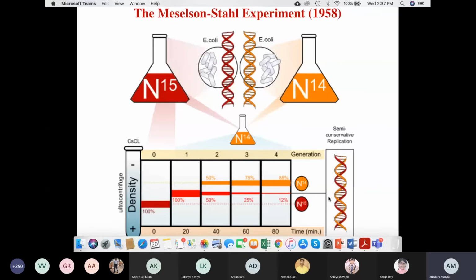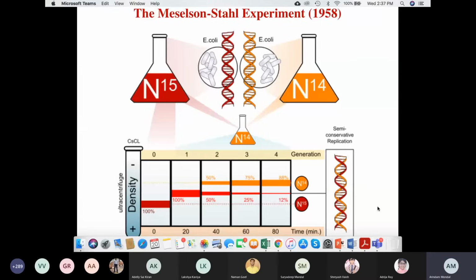If not, then we can move on. Yes, sir, go ahead. Sir, suppose the conservative model of DNA replication was chosen, how would the results of this experiment have changed? So you are asking, if we had chosen the conservative mode of replication, how would the results have changed, right? Yes, sir.